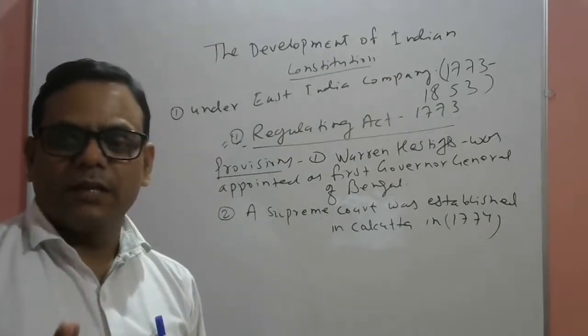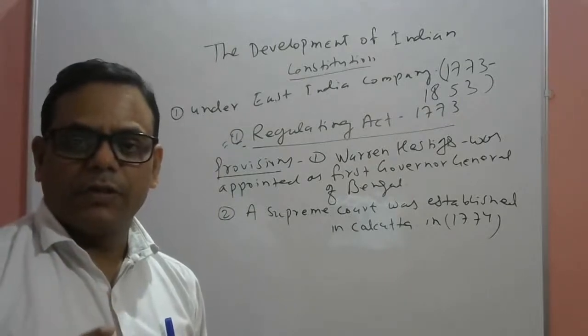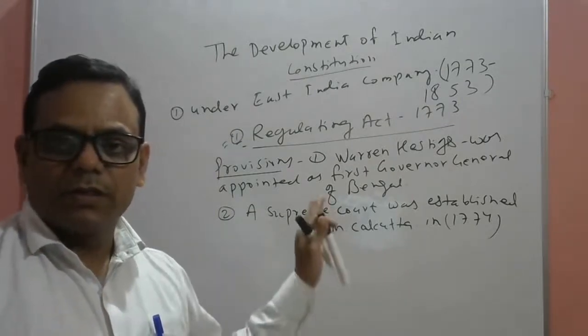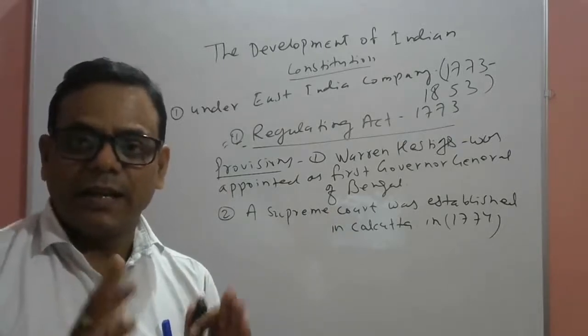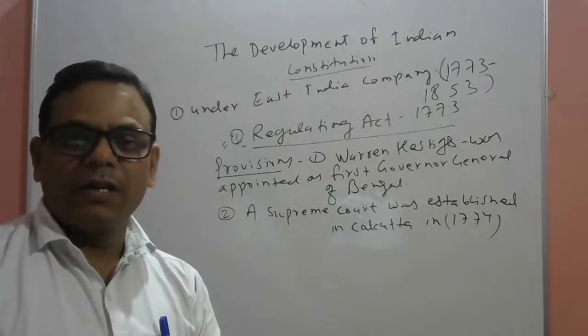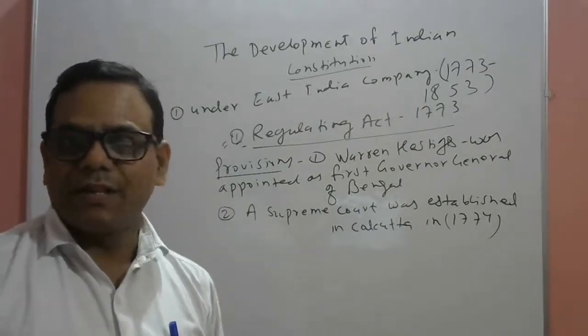We can say that in the history of the development of the Indian Constitution, this was the first step, the Regulating Act. And what is the main purpose of this Regulating Act?